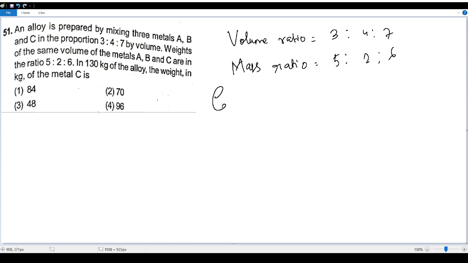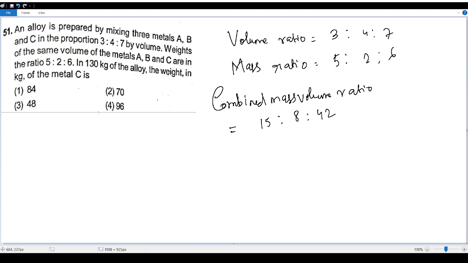Okay, now in this case you have to find out something called the combined mass volume ratio. So here we are going to combine the volume and the mass. So that is going to be 5 times 3 is 15, 4 times 2 is 8, 7 times 6 is 42.